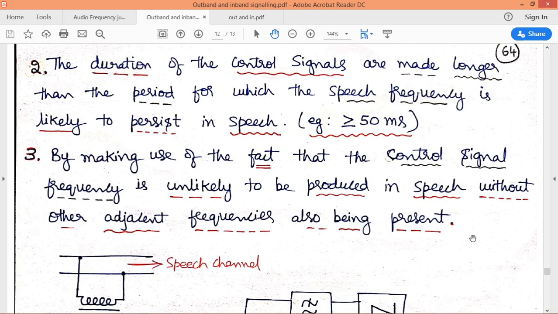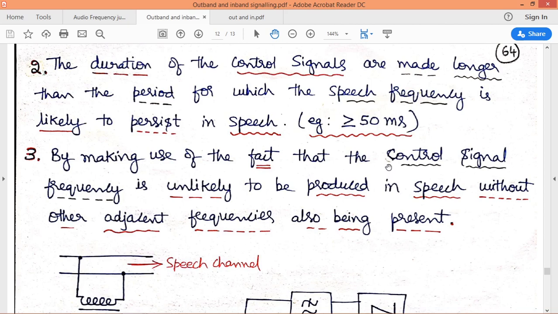If I am speaking a 2.6 kilohertz or 2600 hertz signal produced by speech, there are more chances of having a 2.55 kilohertz signal in speech as well as a 2.65 kilohertz signal in speech. So that is the probability of finding different adjacent frequencies in speech signal.